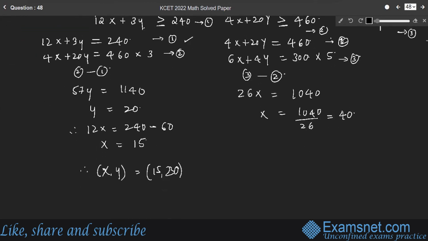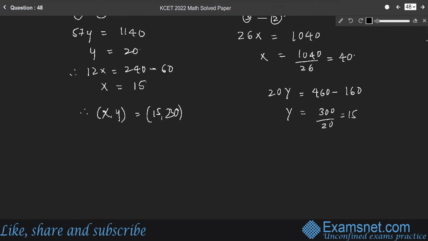Substituting the value of x in equation 2 or 3, 20y becomes 460 minus 4 into 40, which is 160. Therefore, the value of y becomes 300 by 20, which is 15. So another feasible point is (x, y) equal to (40, 15).